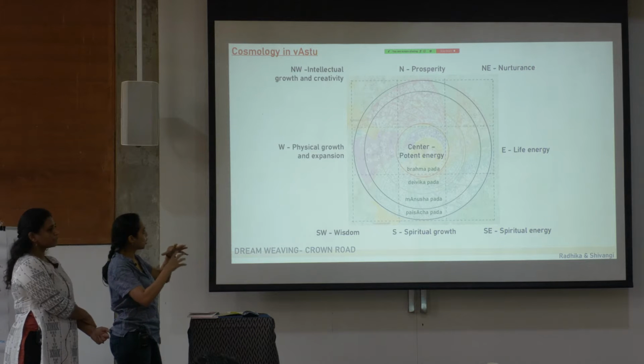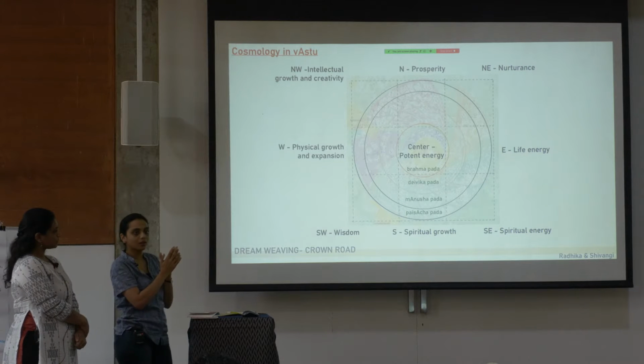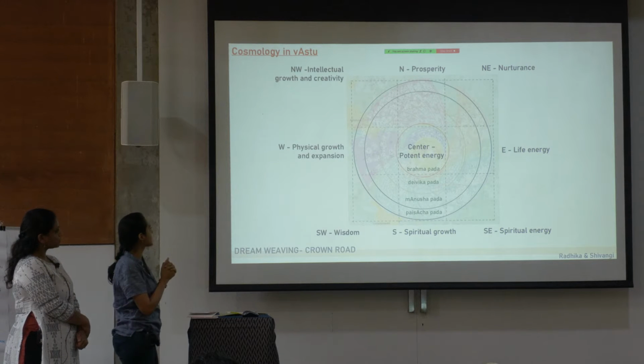Another thing which came up in one of the expert presentations was about concentric rings in typical traditional town planning, where the center holds a very potent energy, and often it is left for sacred precincts or sacred groves. As we move towards the outside, there are zones.